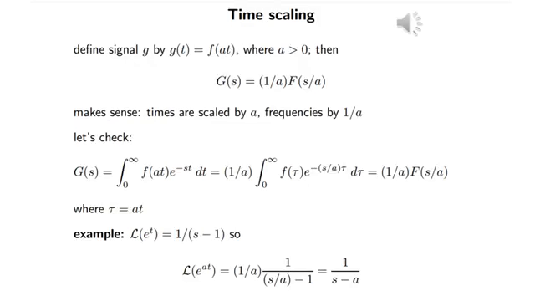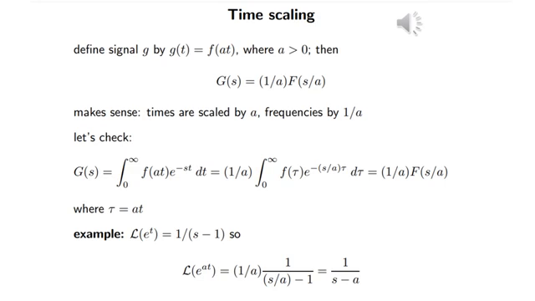Let's talk about time scaling. Let's take g(t) as a signal, and that's equivalent to f(at), where a is a constant that is multiplied with t.